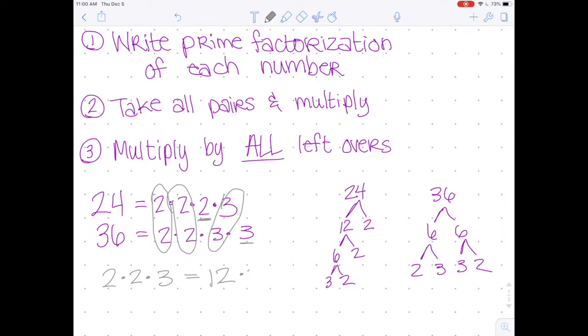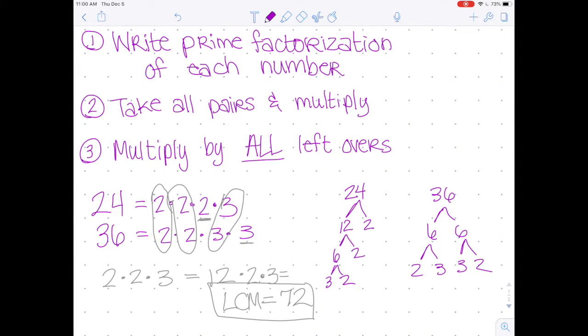So 12 times 2 times 3. 12 times 2 is 24, and 24 times 3 is 72. So the least common multiple of 36 and 24 is 72.